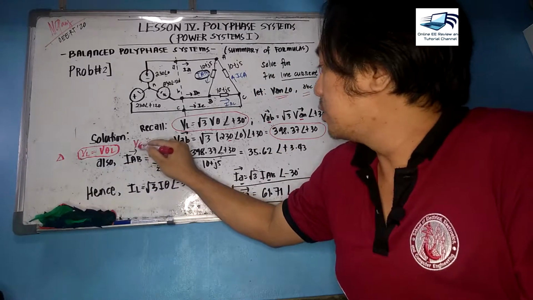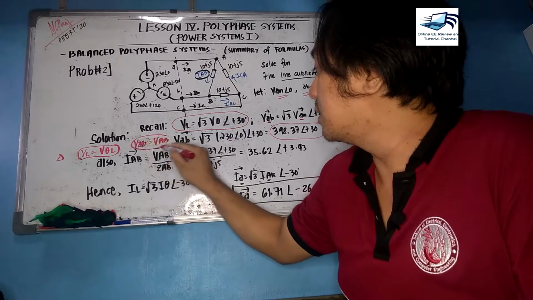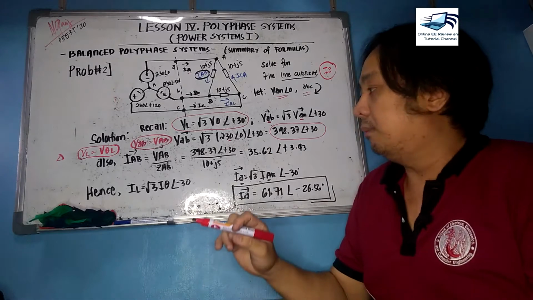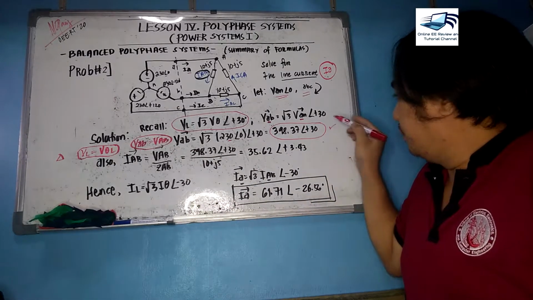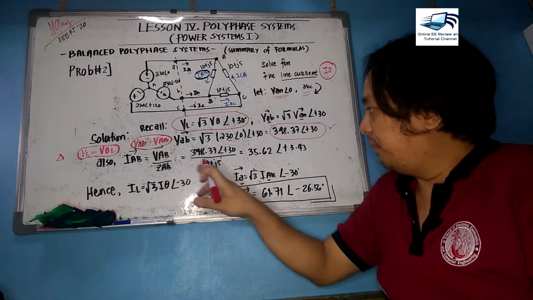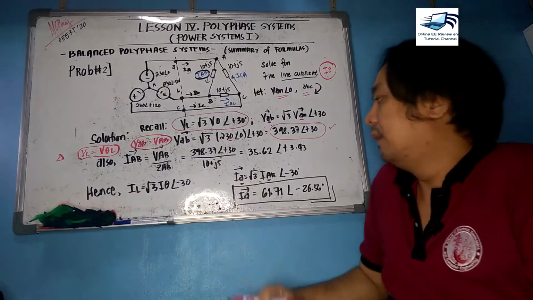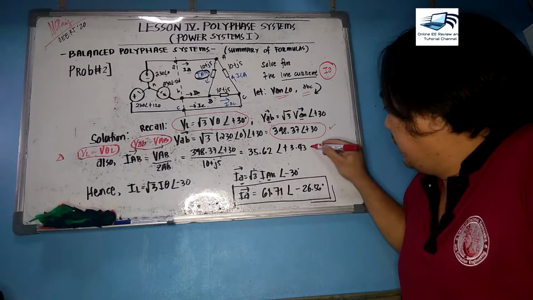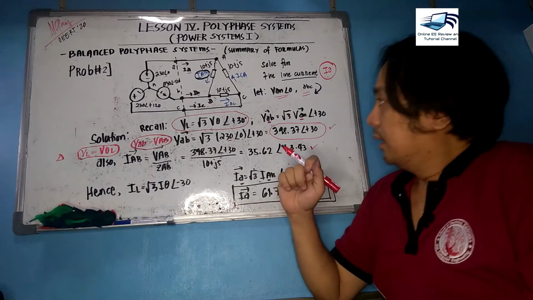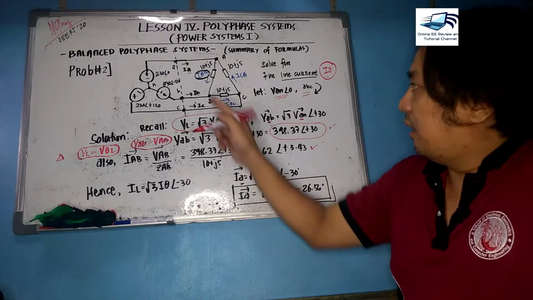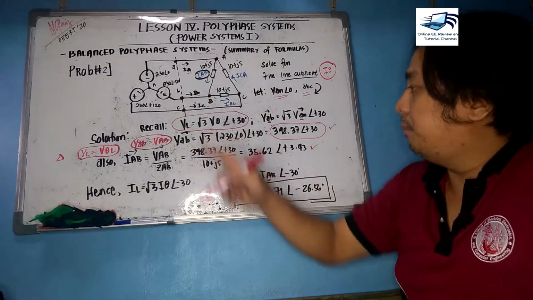Hence your small letter VAB is also equal to the capital VAB here, which are phase and line respectively. What we have already computed here is your VAB vector, and then Z is the impedance per load, 10 plus j5. It will yield this answer, but that is not the final answer because you only got the phase current, which is IAB.